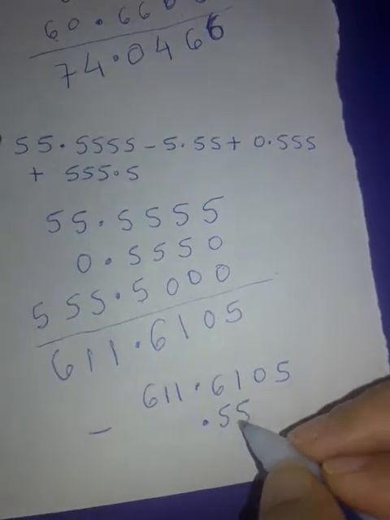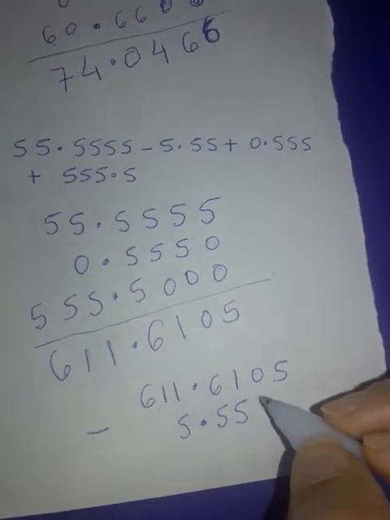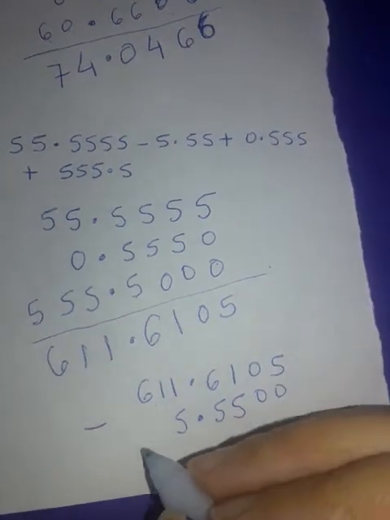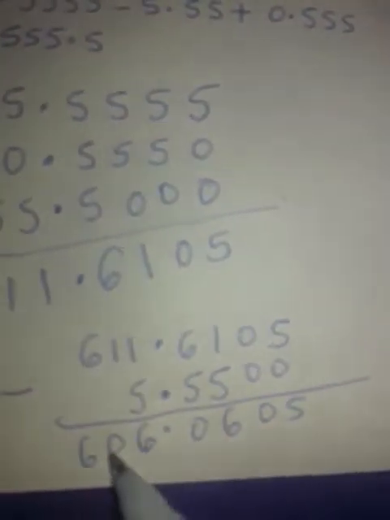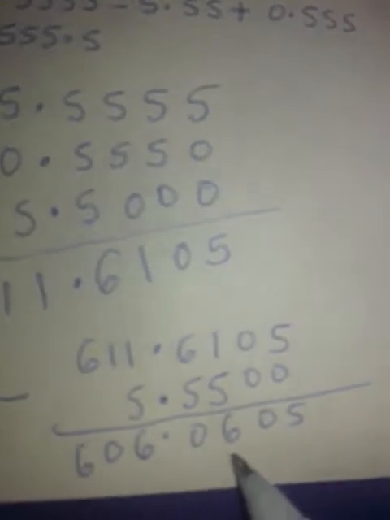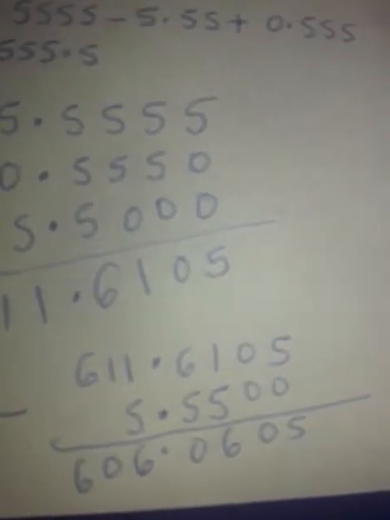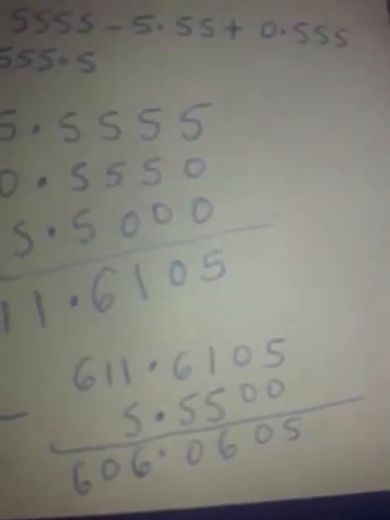So this is 55 and this is 5. I'll add zeros and then I'll carry out the subtraction as usual. And then my answer came as, this is usual subtraction, 606.0605. Very clear?